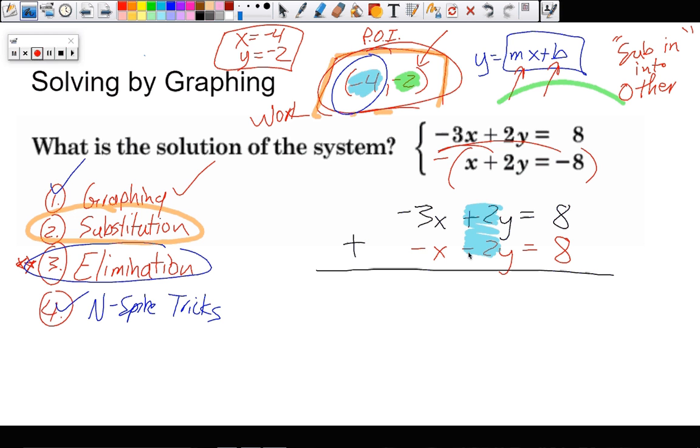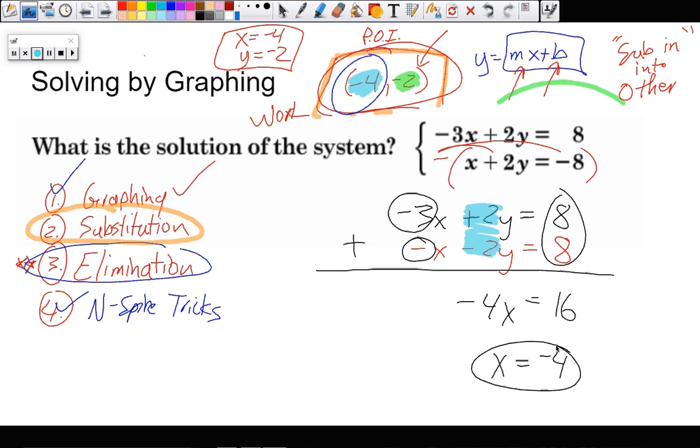It's gone. Okay? So what's left on the left side is negative 3 plus a negative 1, which is a negative 4x. Add the right side, 16. And if I divide by negative 4, x is negative 4. Yet again, what we got with substitution and with graphing. To me, elimination is fast, and it will develop your number sense if you practice with it.